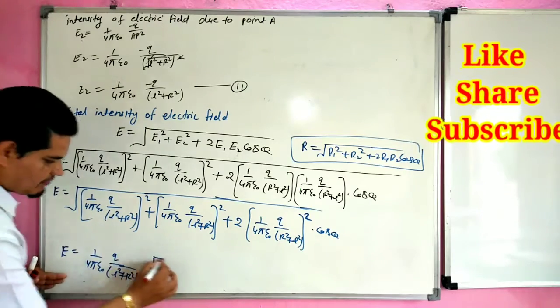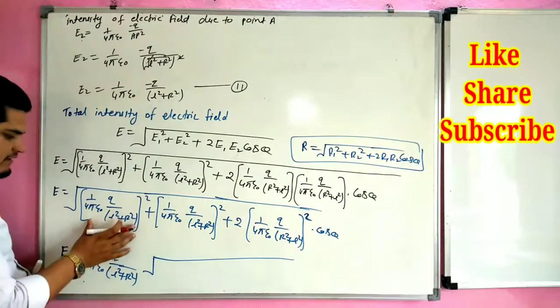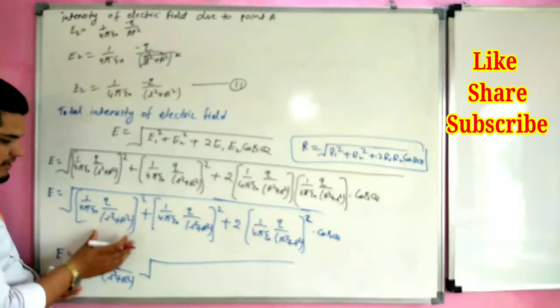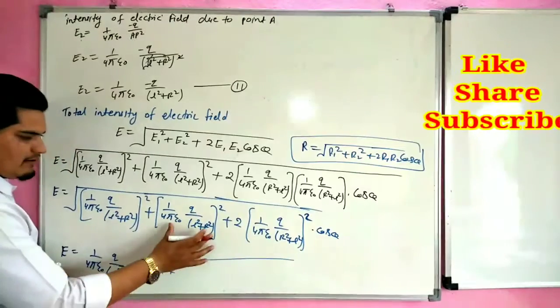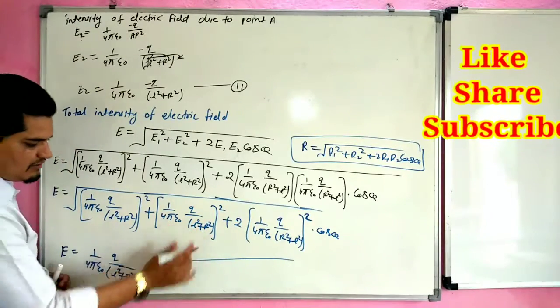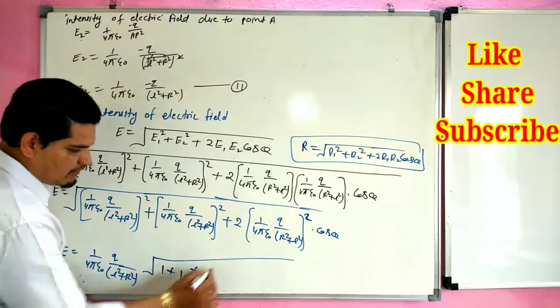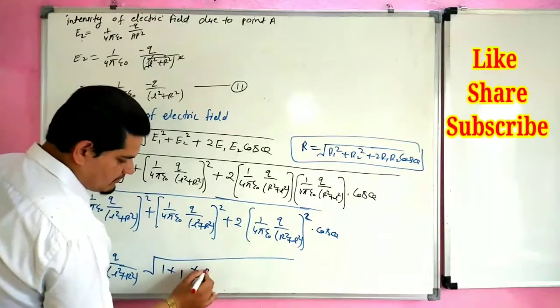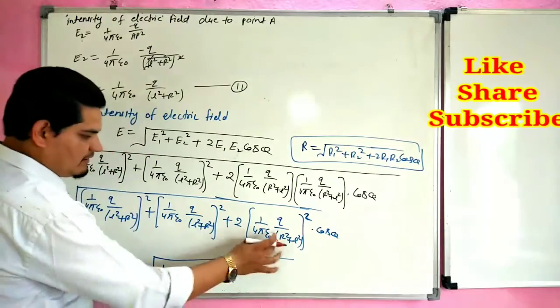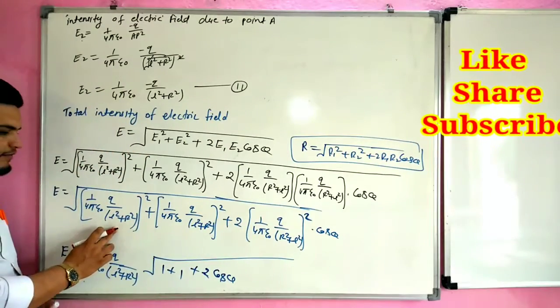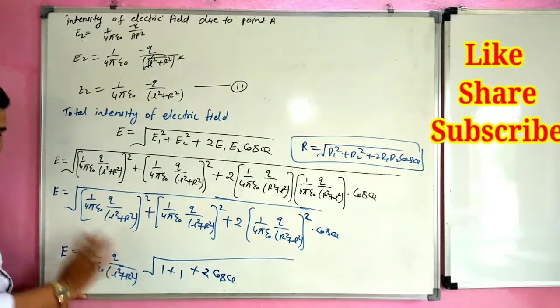Now the remaining portion is this; already we have taken common, so it becomes 1. We also take common this portion. Now this is 2 and cos theta. This and this we already have taken common.